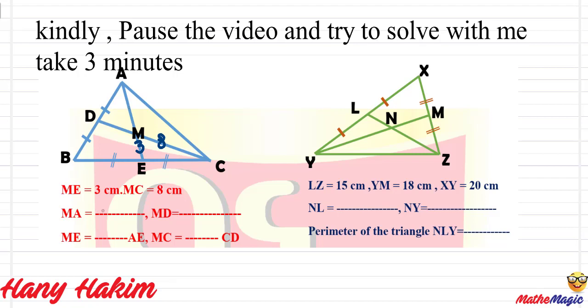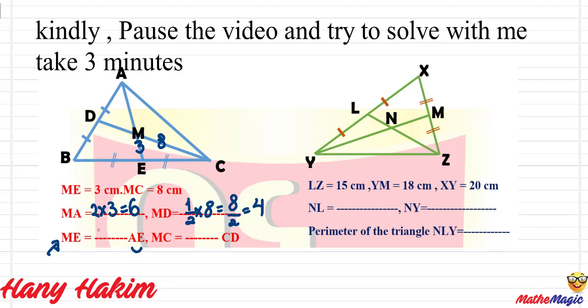AM is double of ME, so AM equals 2 times 3, which is equal to 6. MD is half of MC, so I can multiply half by 8, or I can divide 8 by 2 to get 4. After that, he asked you about the relation between ME and AE.